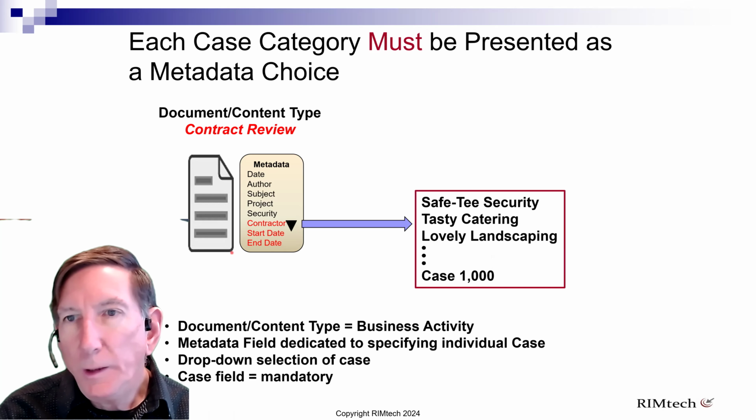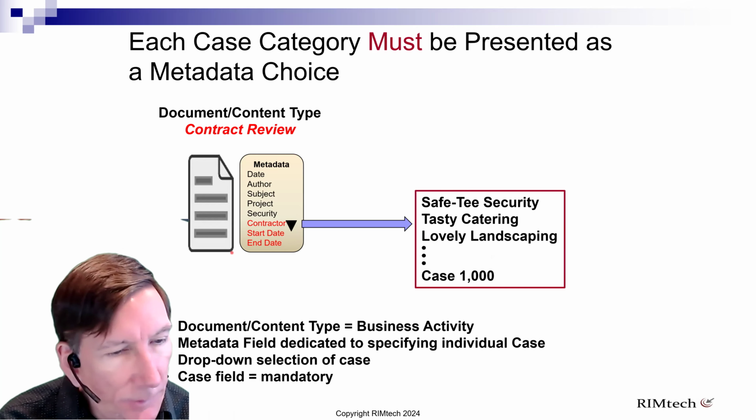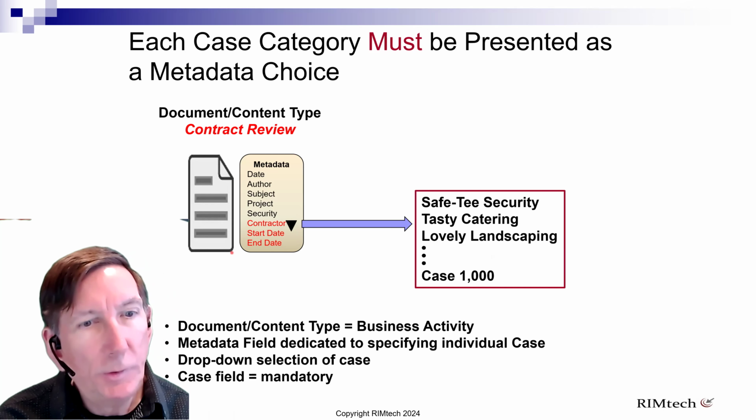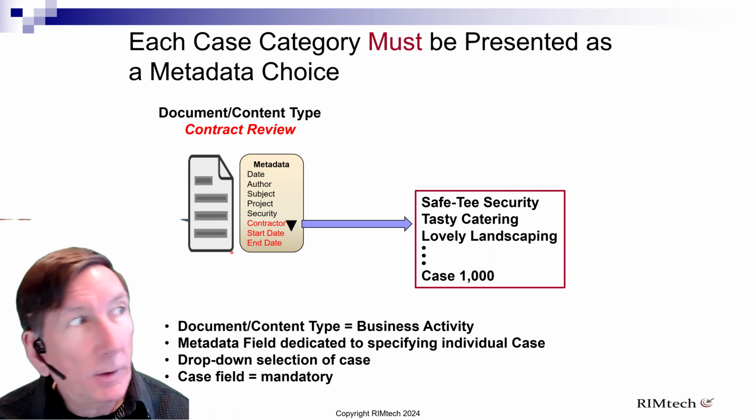So therefore, we need a method, a drop down, a pop up, a fly out, some mechanism to force the user to specify which of the 1,000 contracts or which of the 1,000 employees or which of the 1,000 projects this document is related to. That's mandatory. It's not optional. It's a mathematical necessity, with or without records, I might add, because we can't do this.